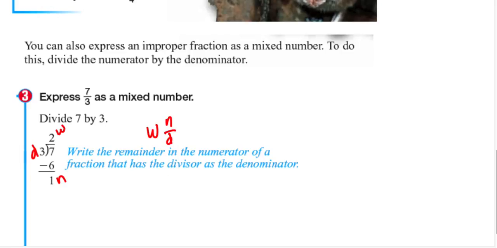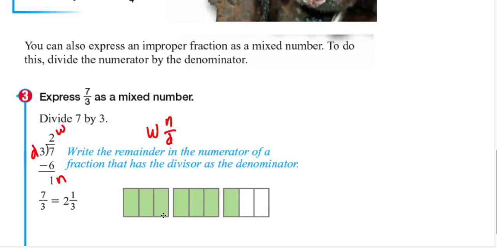In this case, since 2 is our whole number, 1 is our numerator, and 3 is our denominator. This is how you convert an improper fraction back into a mixed number.